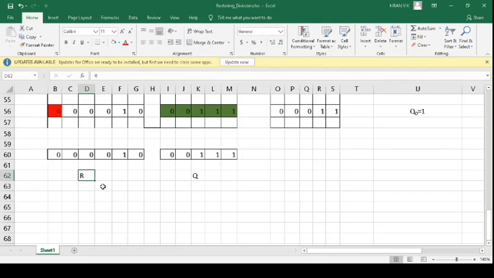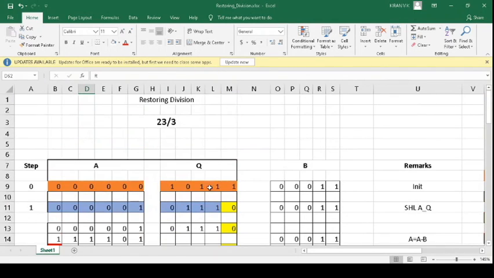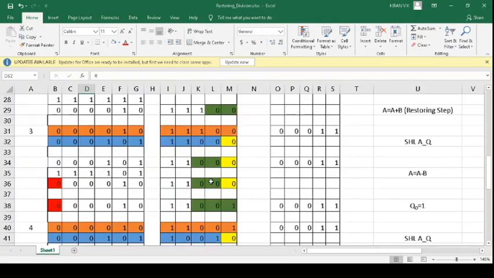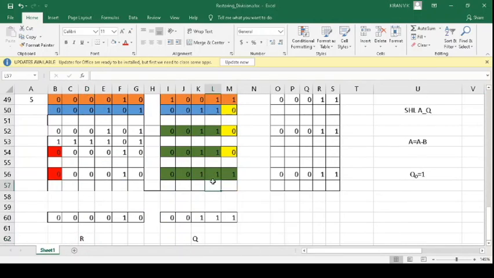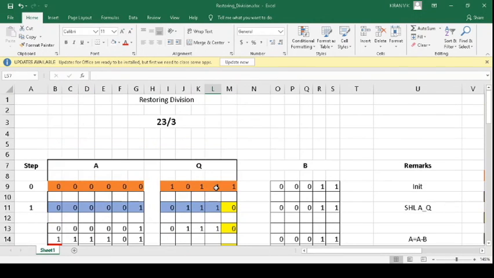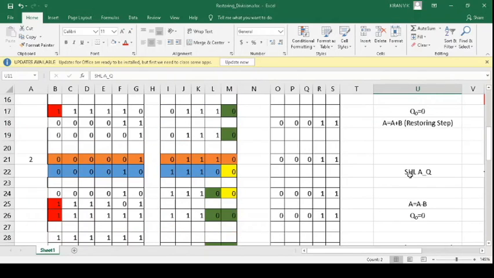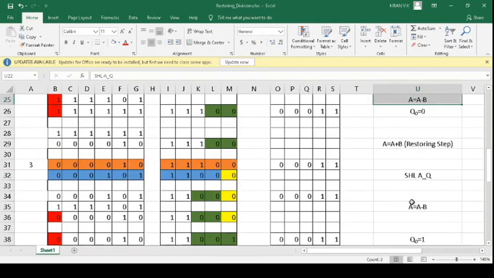How many times you can do it is an indicator of the quotient, so you have the quotient here in the Q field. So we have covered what will be in A at the end, what will be in Q at the end, and the general operations we will see across all iterations of this restoring division algorithm.